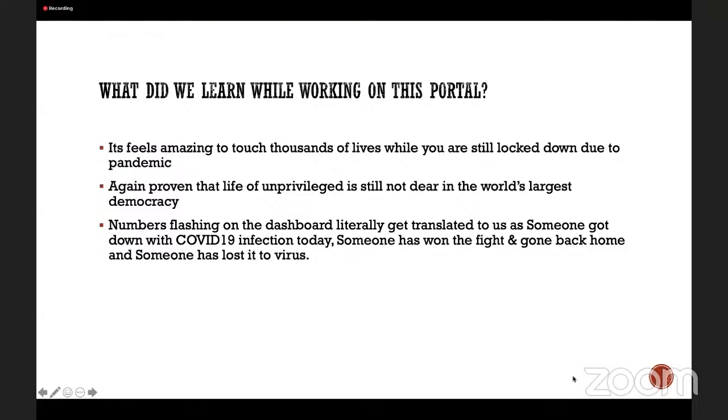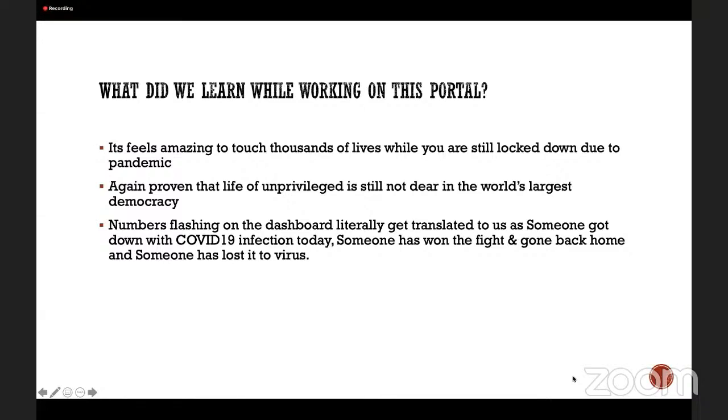Two more things which Vicky and I were discussing yesterday: we have realized that in our largest democracy, the underprivileged are still taken for granted. Every time we look at the dashboard, it doesn't just appear as numbers.